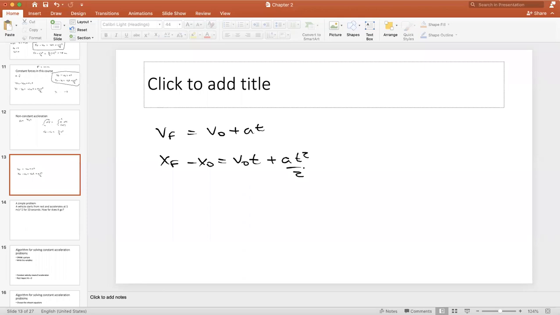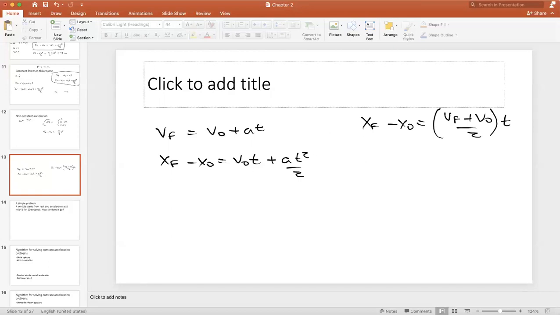We can actually make more equations out of this by substituting. You could solve this for v naught and plug it in here, and we would get 2 other equations that are important. We get x final minus x initial is equal to v final plus v initial over 2 times t. I'll let you do that.